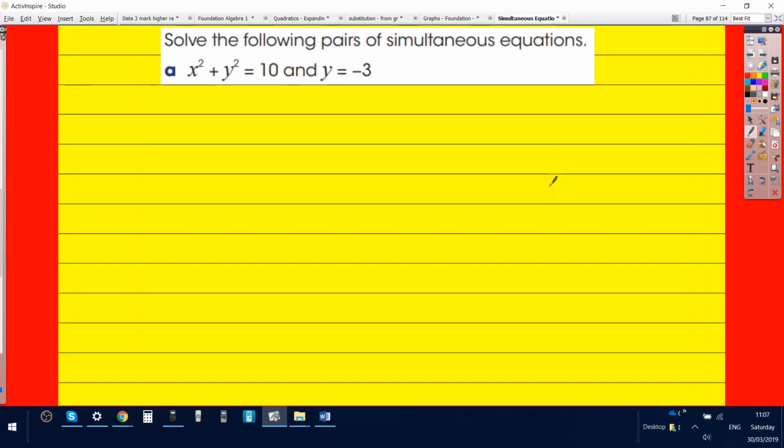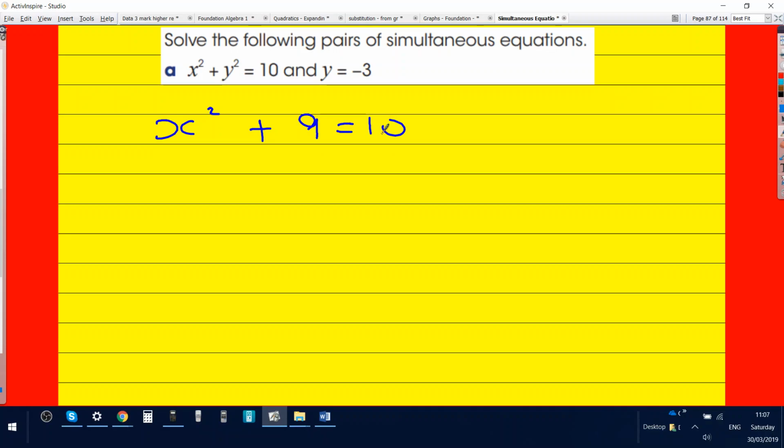How about this? So you sub in minus 3 into the y, so it's just x squared plus 9 is equal to 10. Then you take away 9 from both sides.